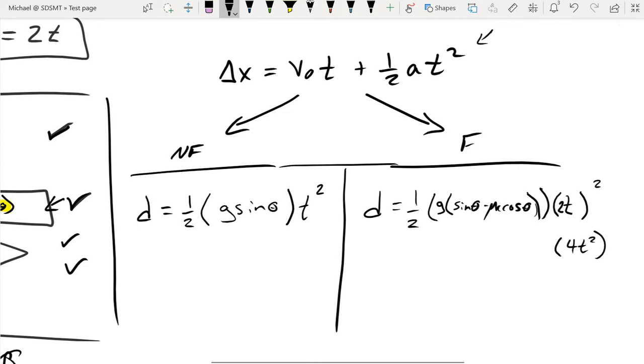And it's starting to look like a big mess here, and I agree. But let's just see what we have. Here is d equals, now the 1/2 out front will combine with the 4 at the end of the statement to give us a 2. We have g from inside the first parenthesis set. We have sine theta minus mu k cosine theta, all followed up by that t squared term.